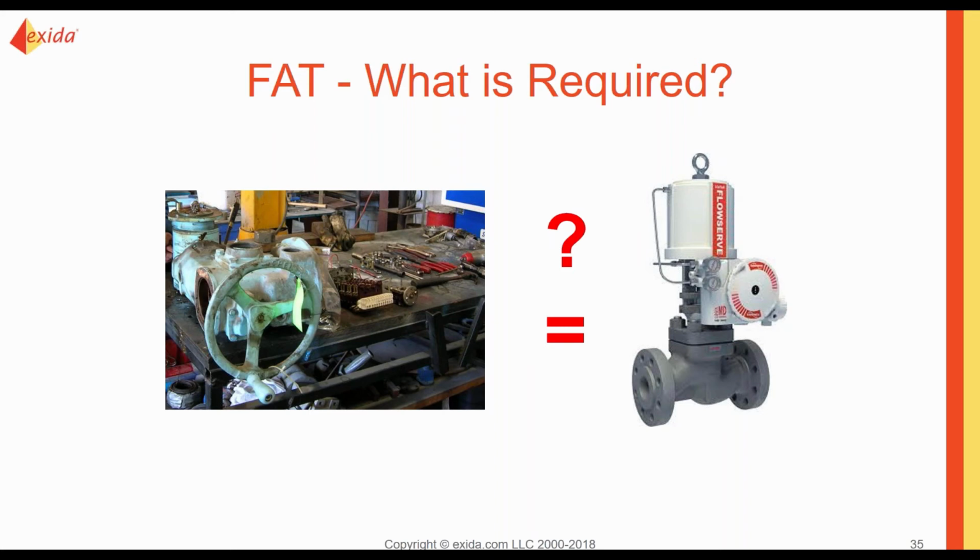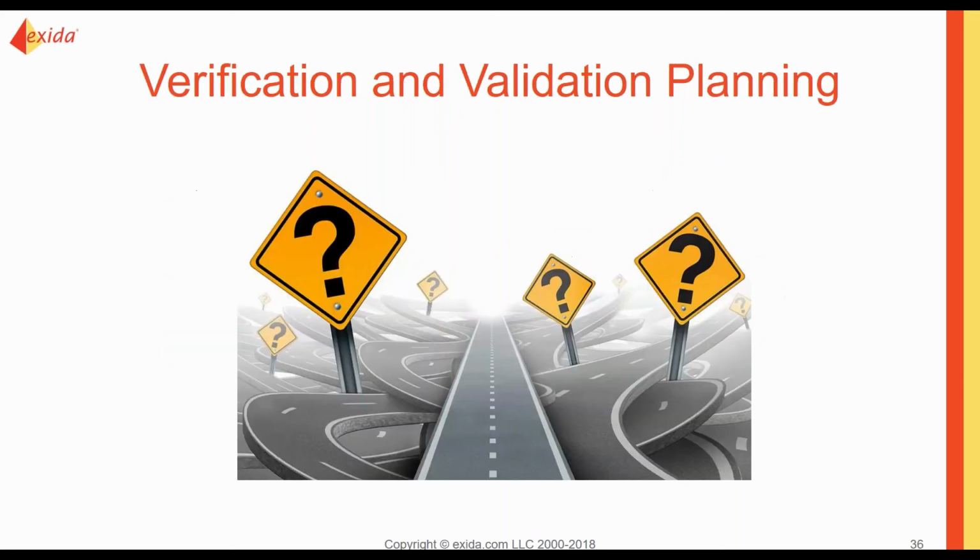And some of these assemblies are already certified, so a lot of this sizing would be done. So there are some valve actuator combinations that are certified, but what we really get to at this point is what's the correct verification and validation planning.